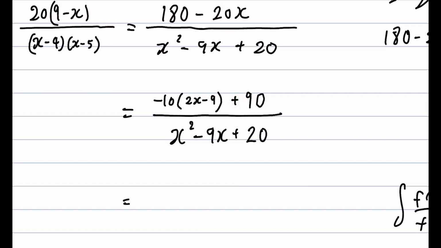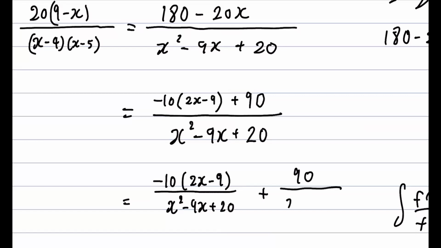In primary school, we learn how to add two fractions together to become one. In JC, you must learn to work back. Exactly, split it up. So here's how you can split it up. Negative 10 times 2x minus 9. Yeah, this is not very intuitive, but with practice, it becomes more intuitive. Then plus 90 over. Right?